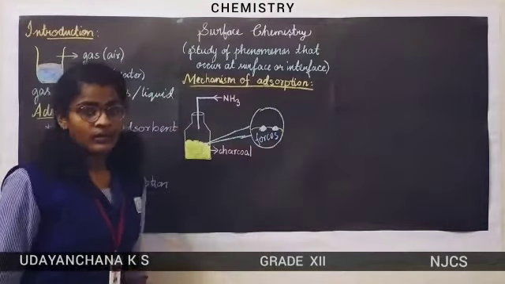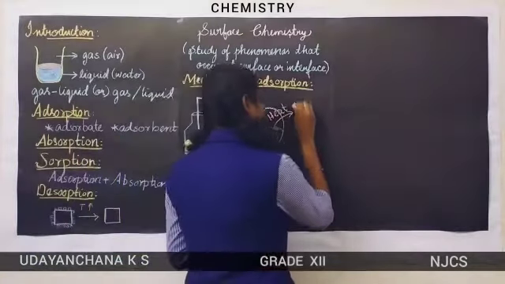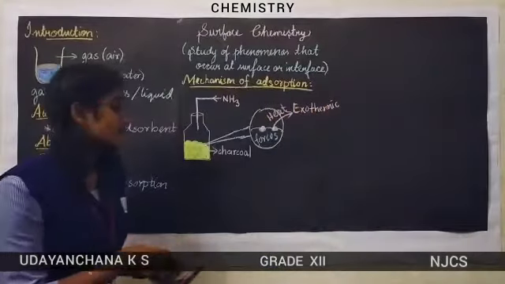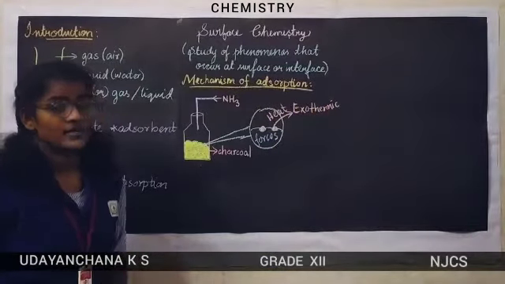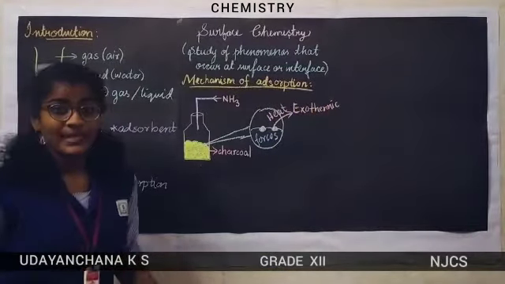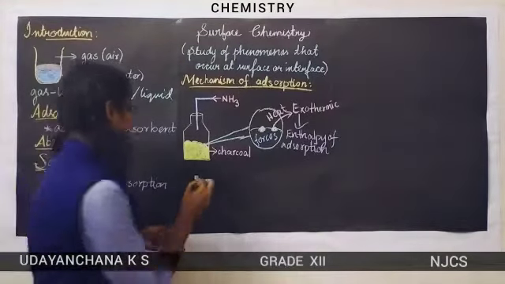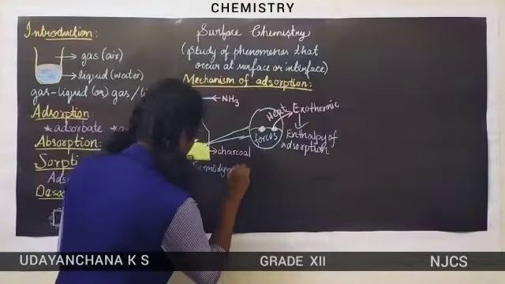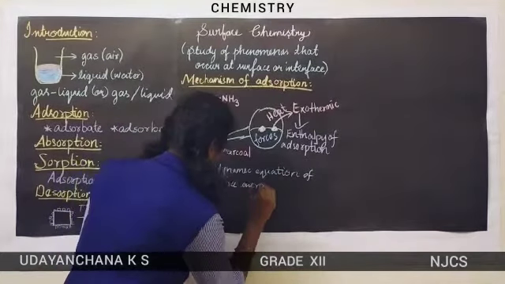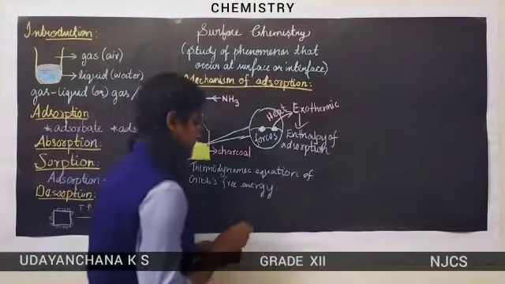We all know that if heat is liberated in a process, that is exothermic. As this process is exothermic, this is called the enthalpy of adsorption. We all have learned about the thermodynamic equation of Gibbs free energy.